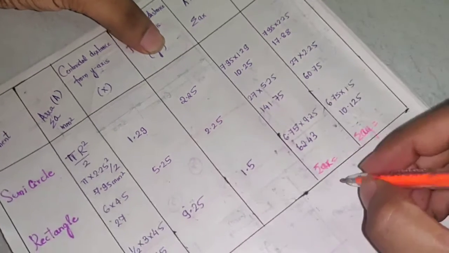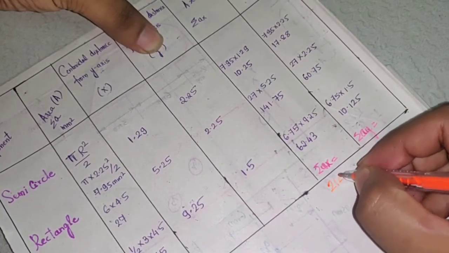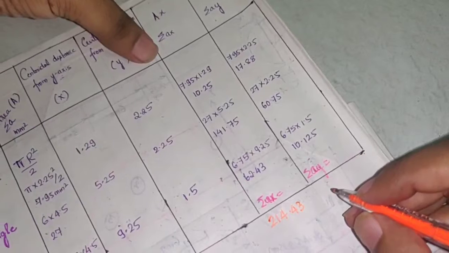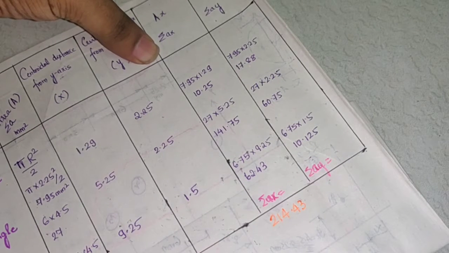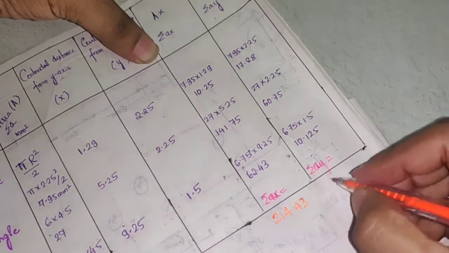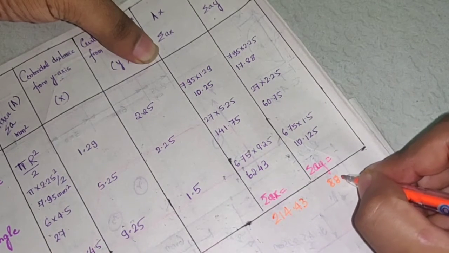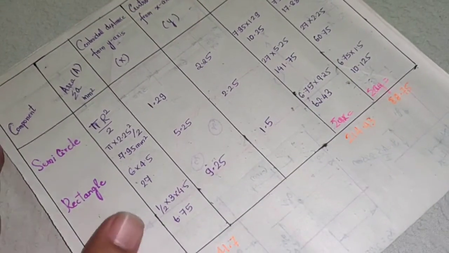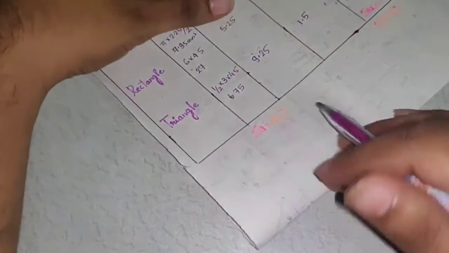You will get A into X is 214.43. Similarly, 17.88 plus 60.75 plus 10.125. You are getting this as 88.75. So once you get these values, what is the next step?